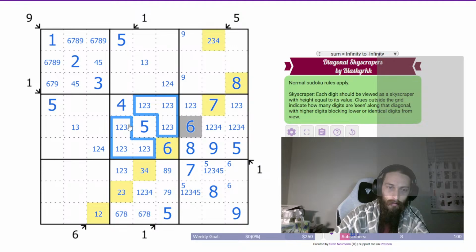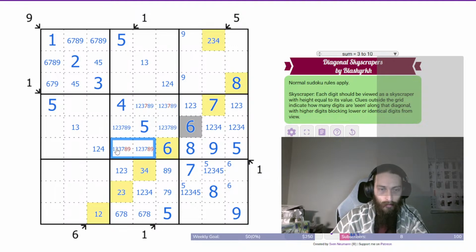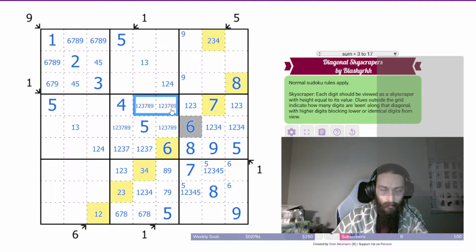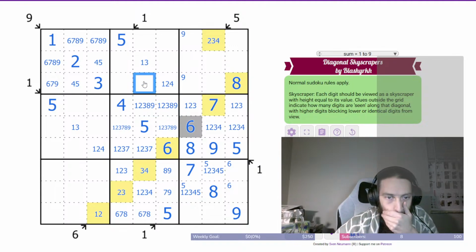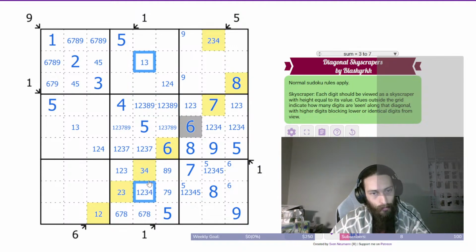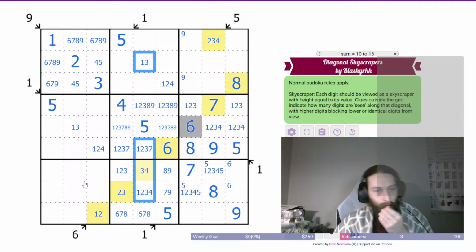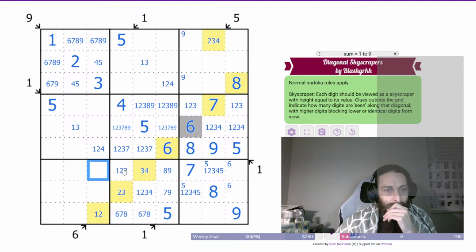One, two, three, 7, 8, 9. These two are not 8 or 9. These two are not 7. 1, 2, 3. Yeah, 4 and 7 would be needed.